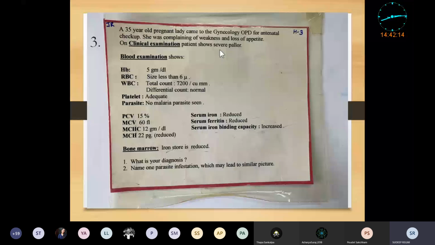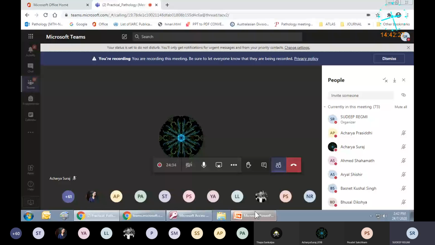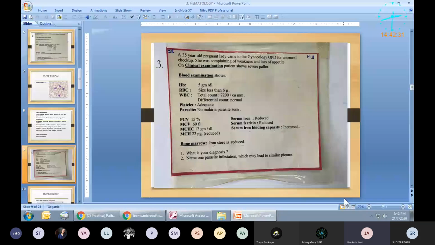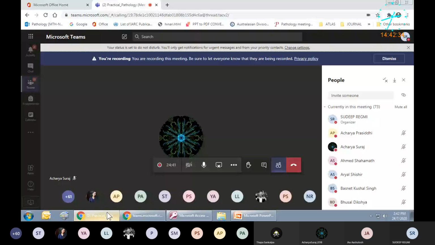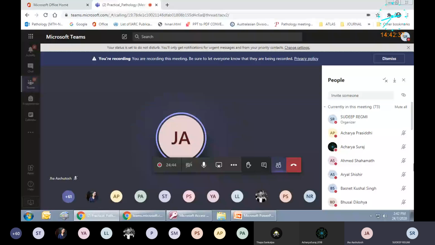What does pallor signify? Pale skin color. Okay, what is that due to? Decreased blood circulation or decreased hemoglobin count. That is due to anemia. Simple thing.